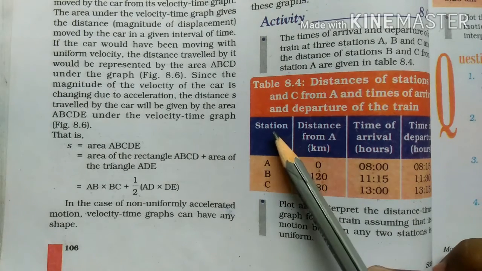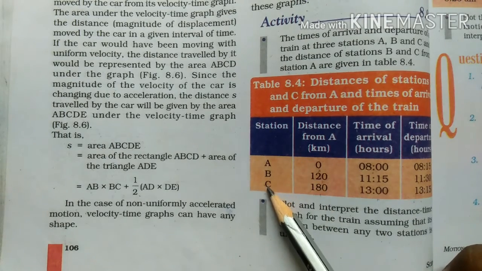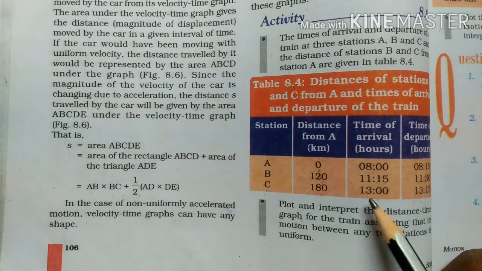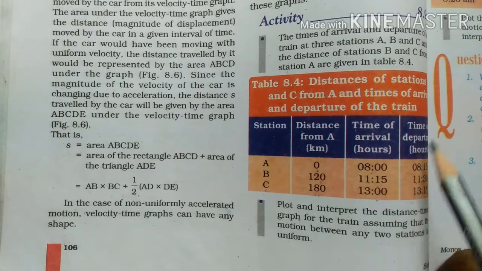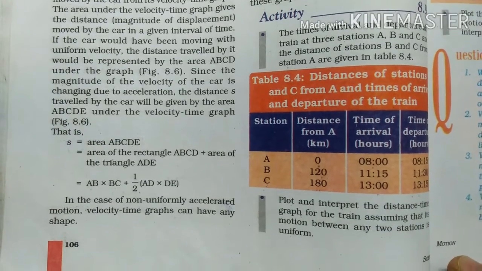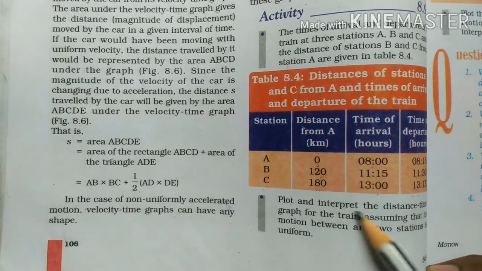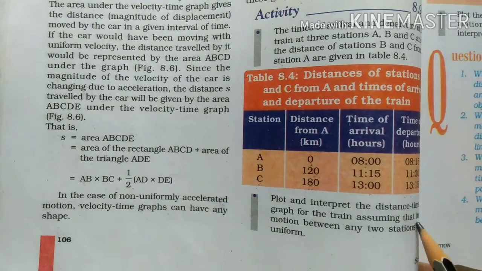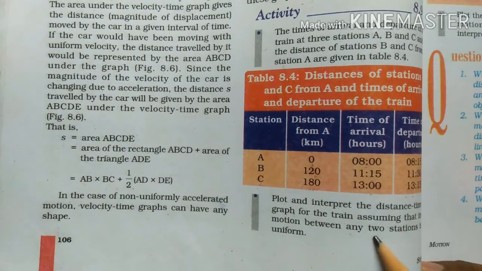Now at station C, distance covered 180 kilometer, time of arrival 13:00 and time of departure 13:15. Now one question has been given here: plot and interpret the distance time graph of the train assuming that its motion between any two stations is uniform.